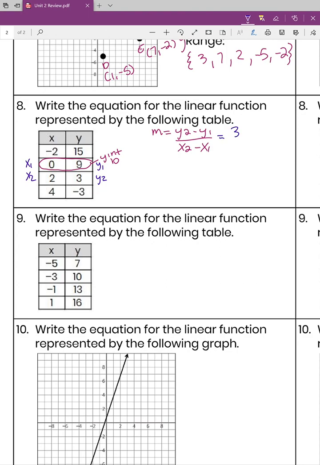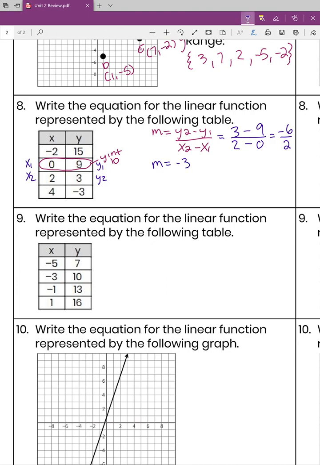y2 is 3 minus y1, which is 9. x2 is 2 minus x1, which is 0. So 3 minus 9 is negative 6, and 2 minus 0 is 2. So if we simplify this, negative 6 divided by 2 is negative 3. So we have m equal to negative 3.